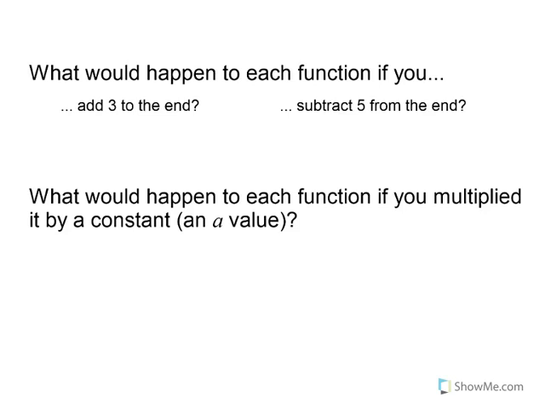So all the y values would be increasing. So that's going to shift the entire graph up 3 units. Okay, so this is going to be a vertical shift. Up 3 units.